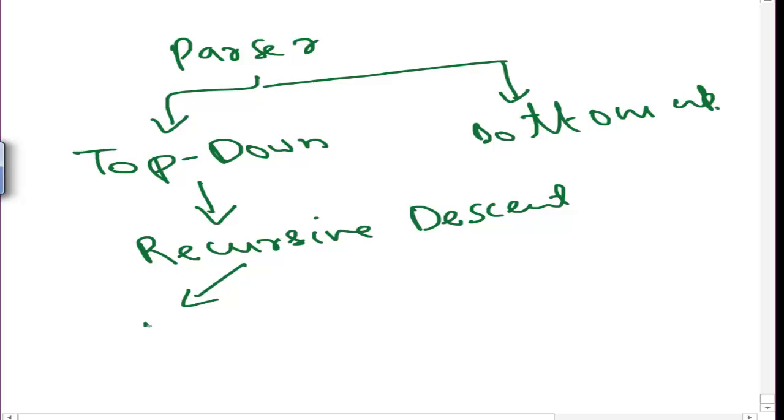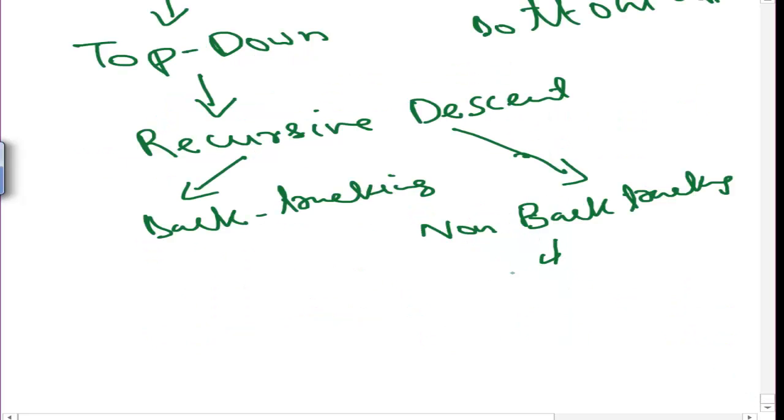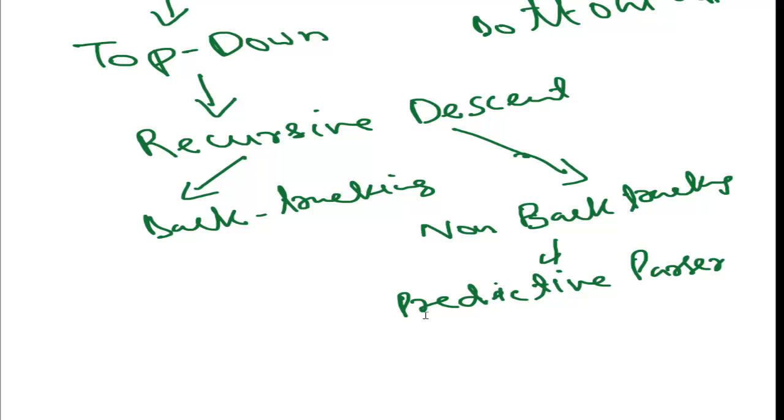Now in recursive descent we may have what's called backtracking. We'll discuss this in detail. And then there is the case where we don't have backtracking, the non-backtracking. When we talk about non-backtracking, what we have is called the predictive parser, and the example of the predictive parser is the LL parser.